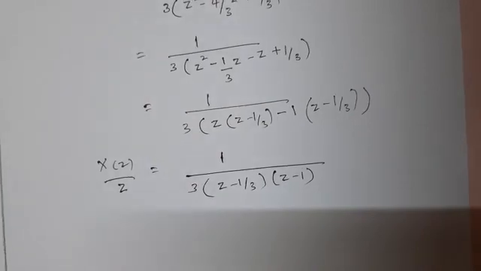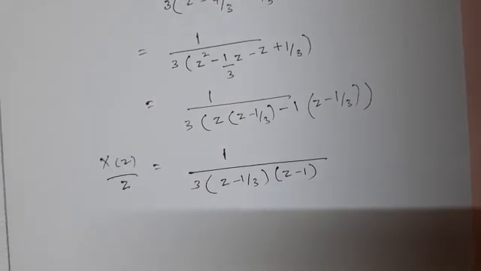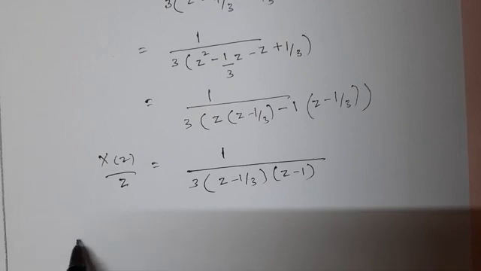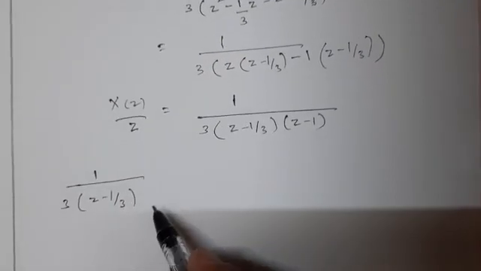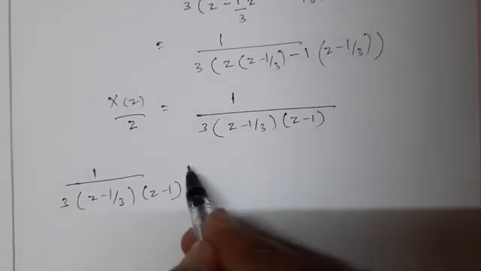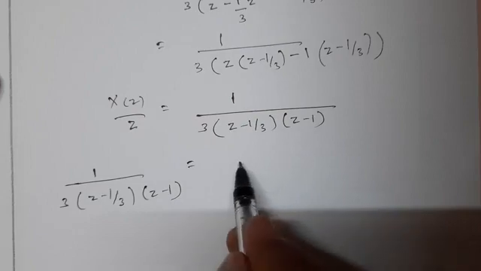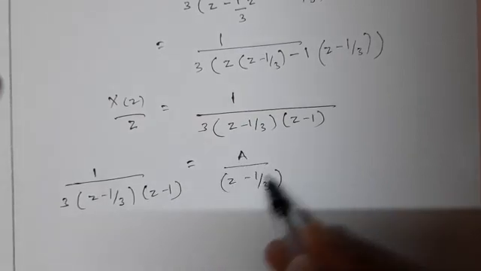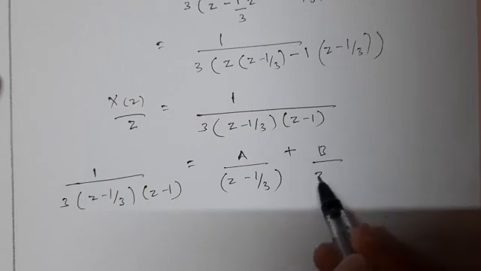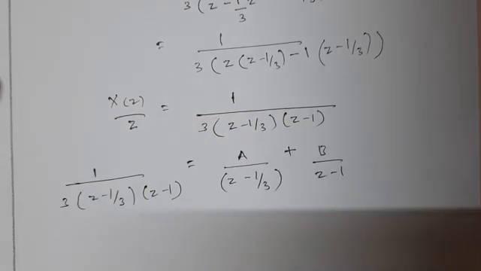Now you have to equate it to 1 by 3 times z minus 1 by 3, z minus 1. After finding the factors, we write a divided by z minus 1 by 3 plus b divided by z minus 1.